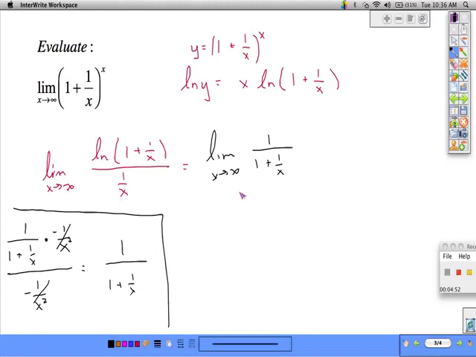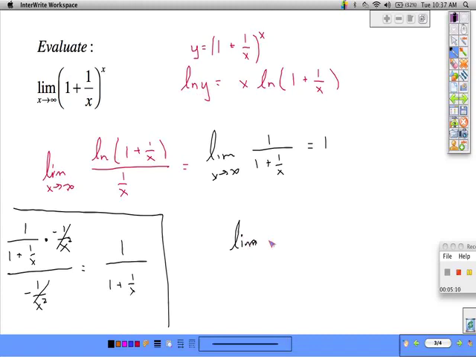And now that's something I can figure out. This is equal to 1. But remember, I made this substitution up here. I wasn't taking the limit of this, I was taking the limit of its natural log.